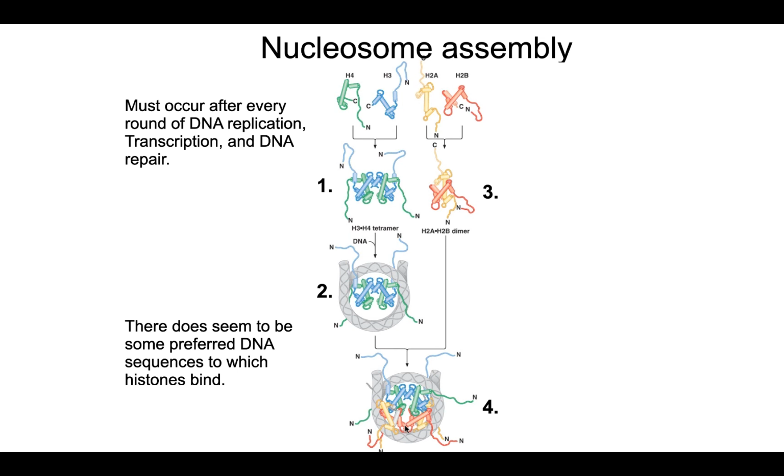And now we get the octamer core there. And notice, look at all the 1, 2, 3, 4, 5, 6, 7, 8 N-terminal tails hanging out of that core, just waiting to be modified by various enzymes that affect the structure of that chromatin and recruit proteins to specific nucleosomes.